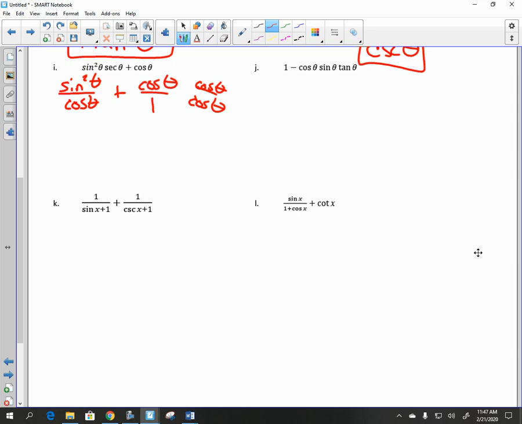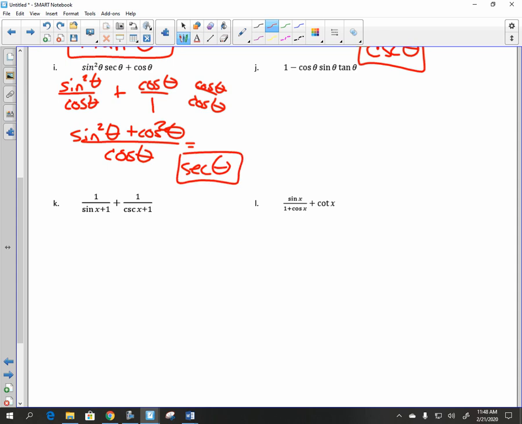Okay, so I multiply top and bottom by cosine theta. Why is that a good idea? Because I come up with a cosine squared, all over cosine. What is sine squared plus cosine squared? 1. So I get 1 over cosine, which is secant. Good. 3 more. We'll call it a day here.